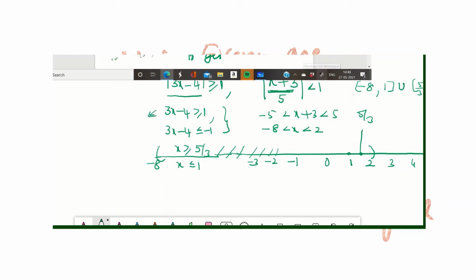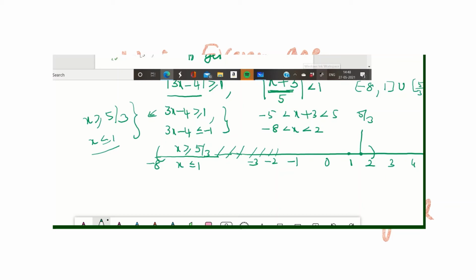So one is 3x minus 4 greater than or equal to 1, the other is 3x minus 4 less than or equal to minus 1. By solving the first one, x is greater than or equal to 5 by 3. By solving the other one, x is less than or equal to 1. I am getting this from these two equations.